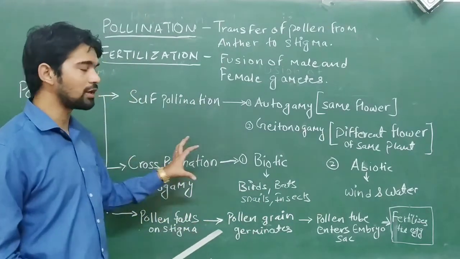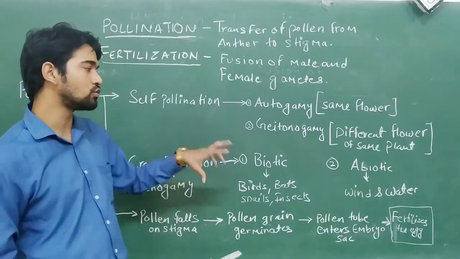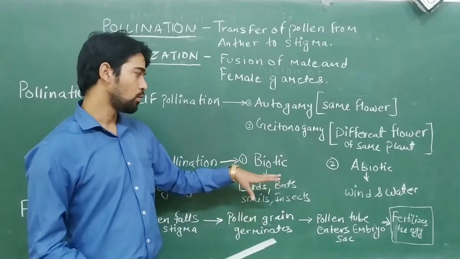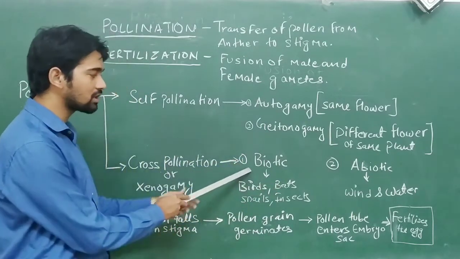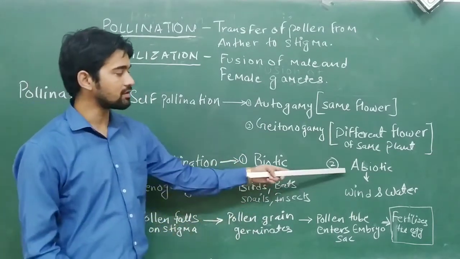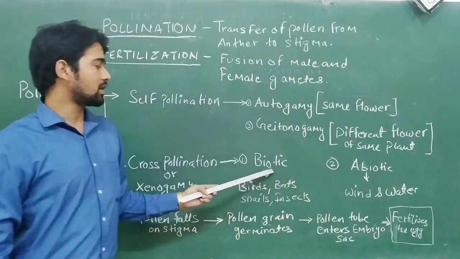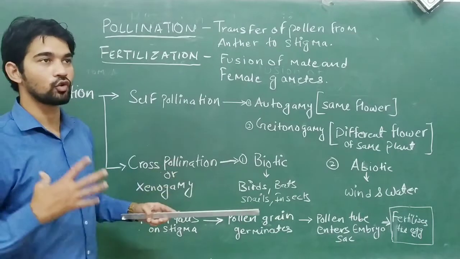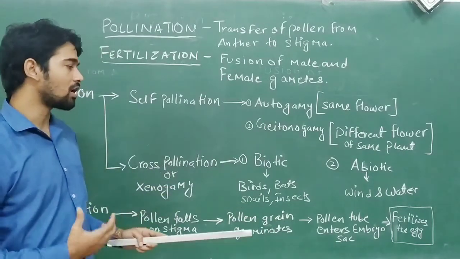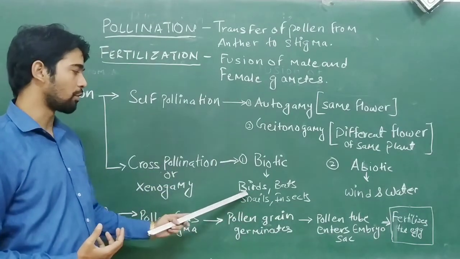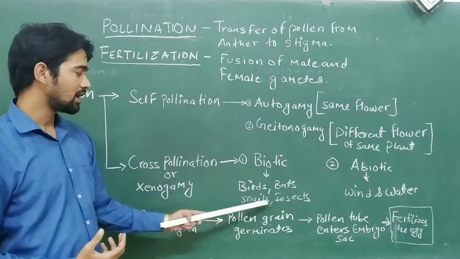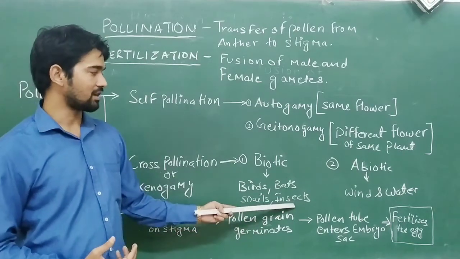So this cross-pollination happens by two different factors. One is known as biotic factor, the other is abiotic factor. Biotic factors are those agents which are biological beings such as birds, bats, snails, and insects.